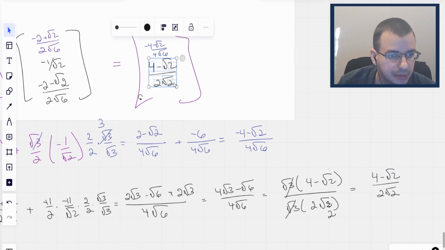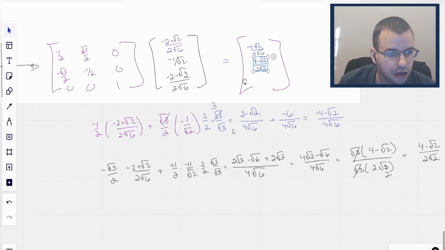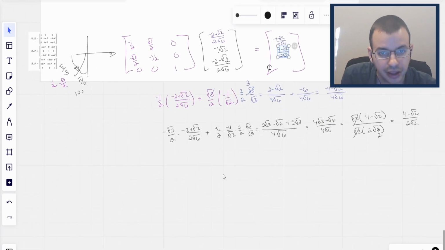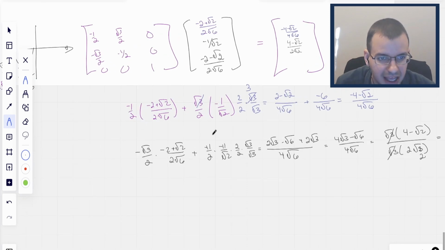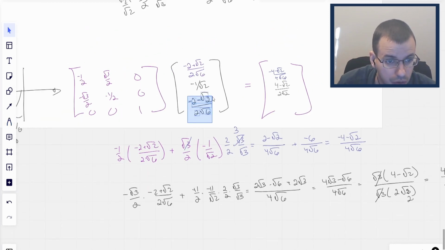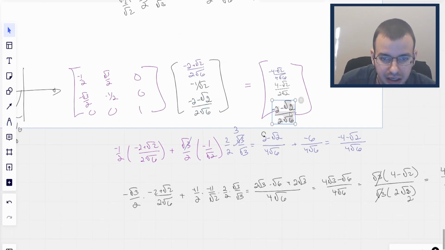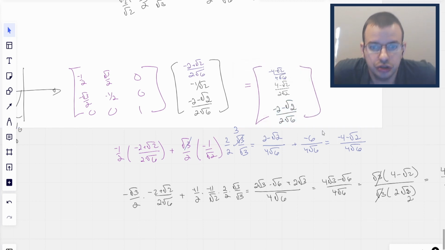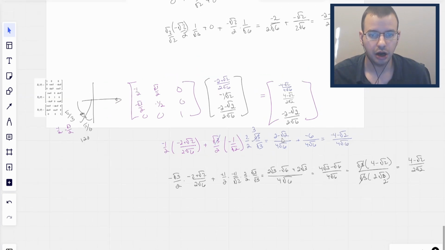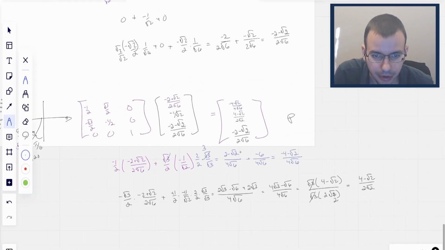Copy and paste. Make a little bit smaller. Hopefully still large enough to read though. And then for the last one, it's going to be 0, 0, and then just the last value. So, in theory, this should be our new point P prime right there.